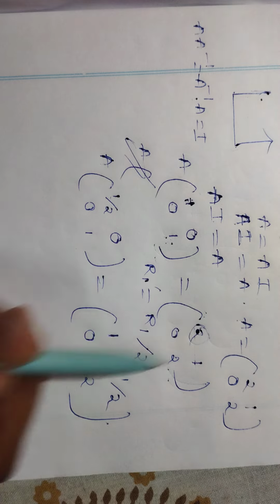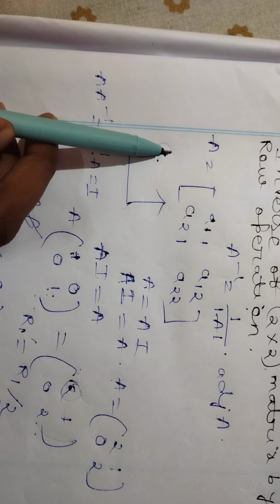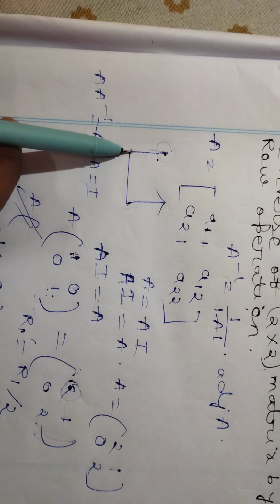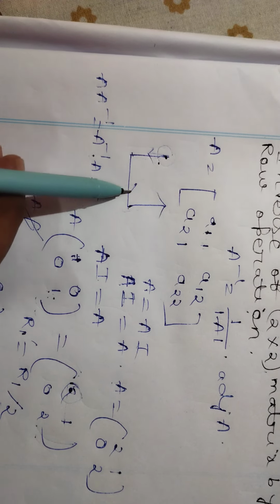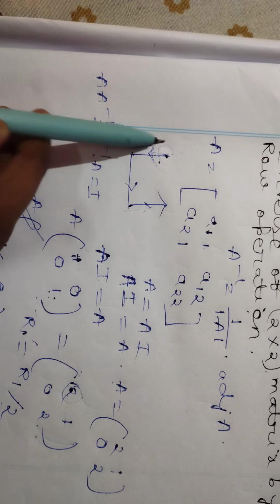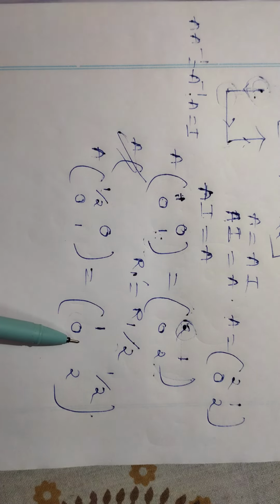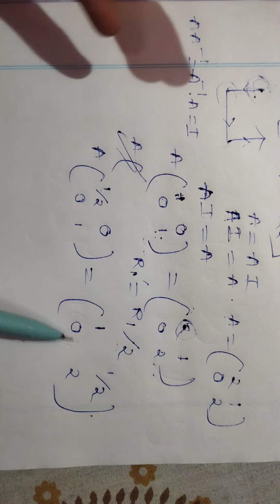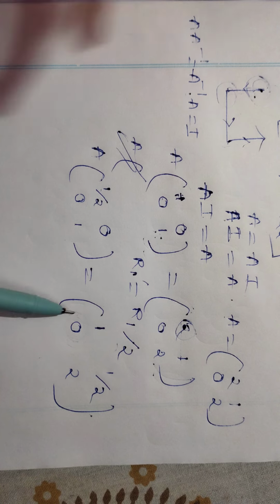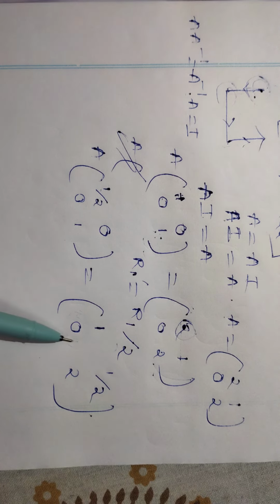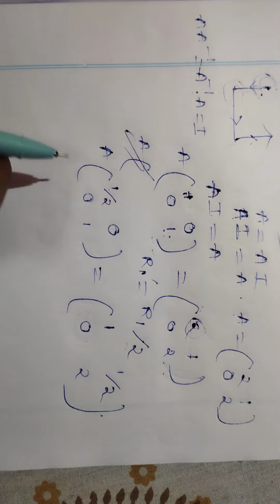So this one is completed. Then we will follow this pattern, this element, because it is the arrow direction. This is naturally 0, so we need not consider this one. If it were not 0, then we would try to make it 0, but it is already 0, so don't bother about it.